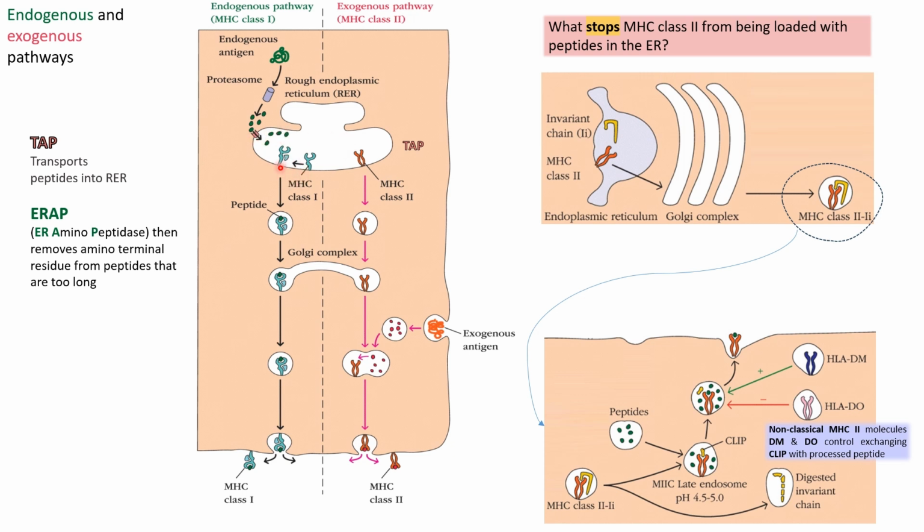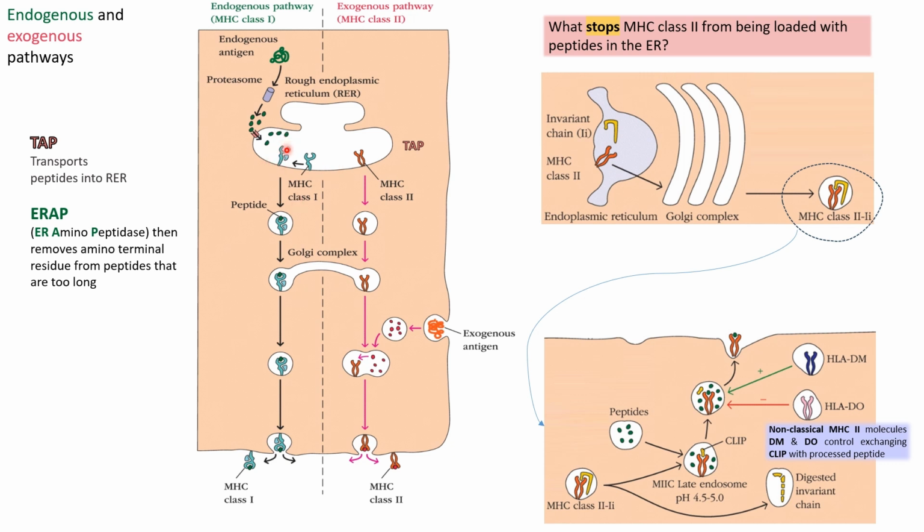Then we have what's called the secretory pathway. It's basic cell biology. Secretory vesicles go through the Golgi apparatus and then finally through exocytosis at the cell surface. So the MHC molecules are attached by their cytoplasmic tails to the membrane.